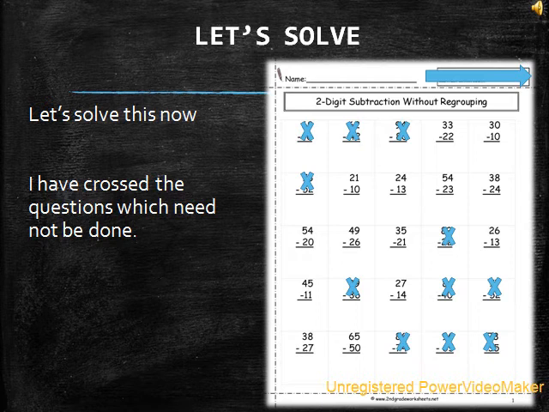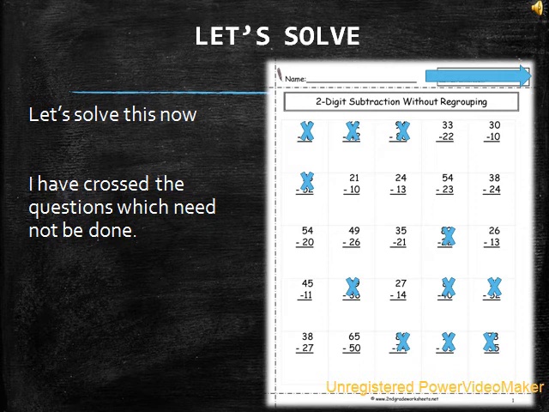As we studied in addition, the place value system of ones and tens, we will begin solving it from ones. So 3 minus 2 equals 1. Again, 3 minus 2 equals 1. So the answer comes out to be 11, which is known as the difference.